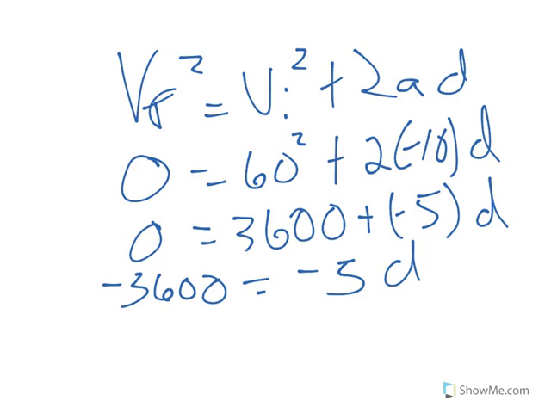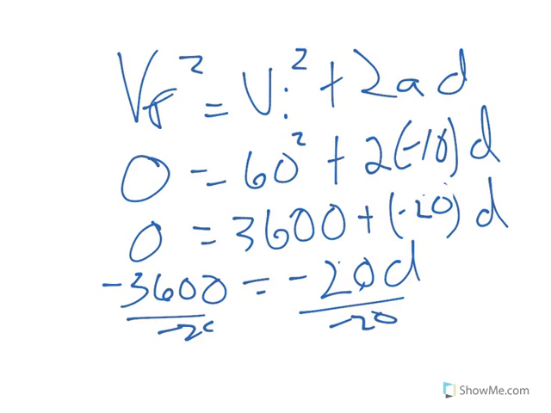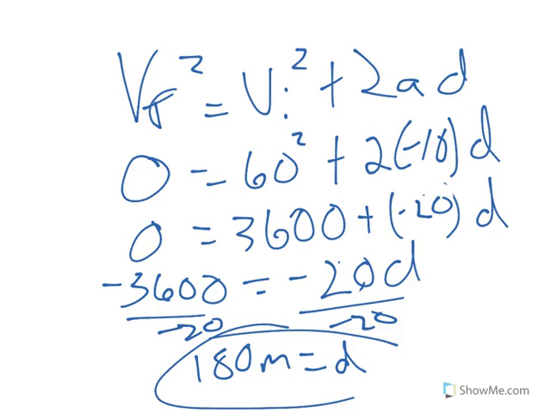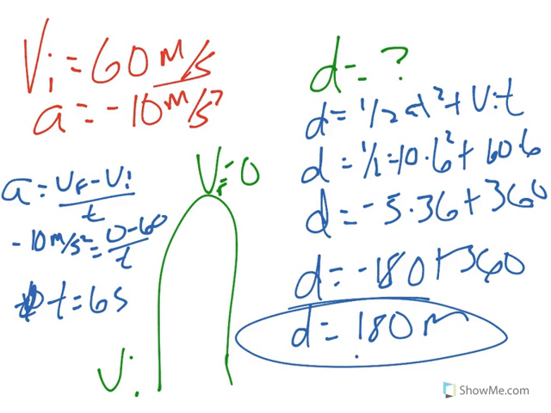Why did I get negative 5? Sorry, this should be negative 20. I knew I messed up somewhere. 2 times negative 10 is negative 20. My bad. So divide by negative 20, divide by negative 20, and we get 180 meters equals D, which you'll notice is the same as we had here.